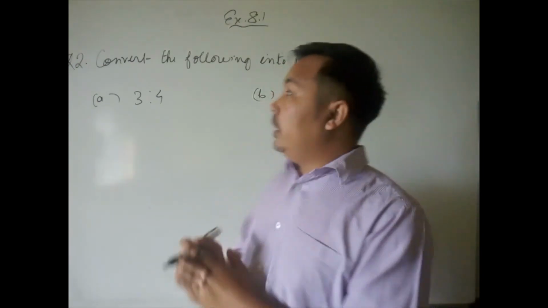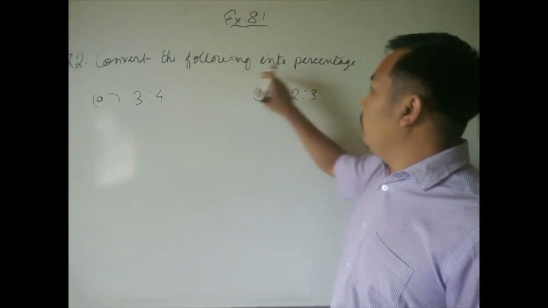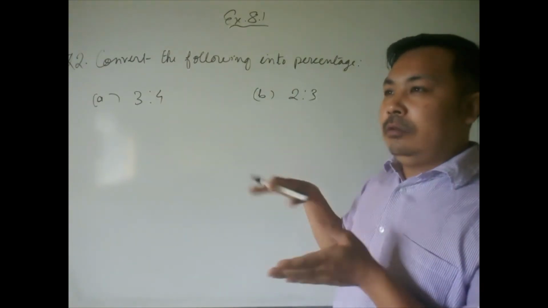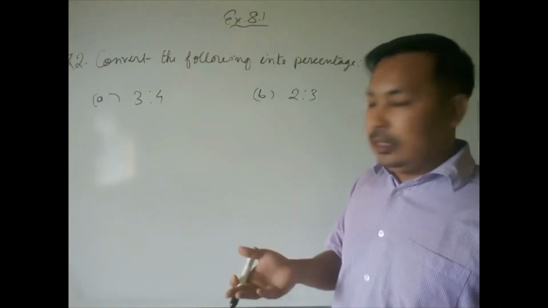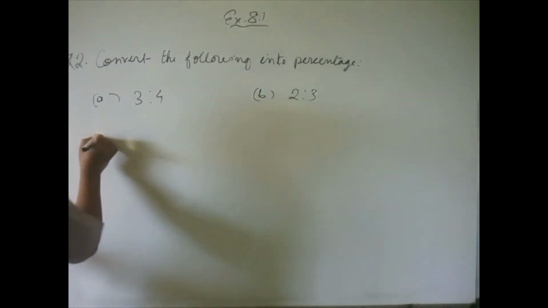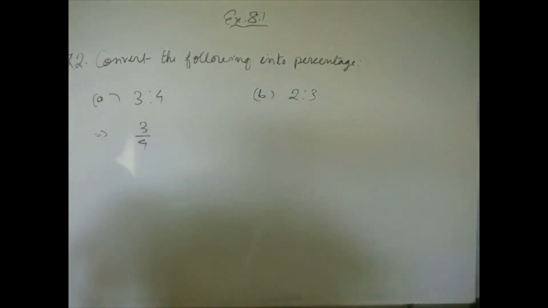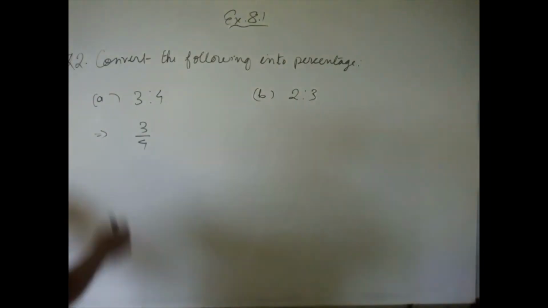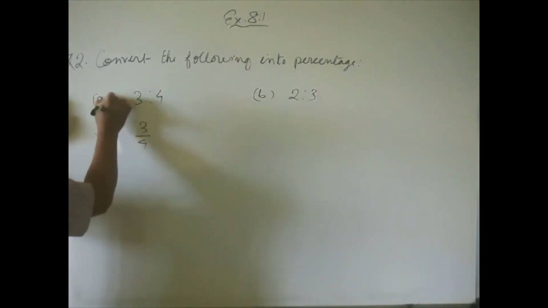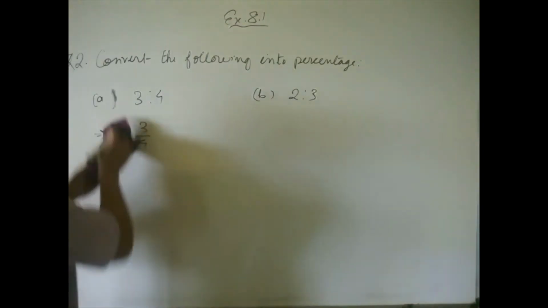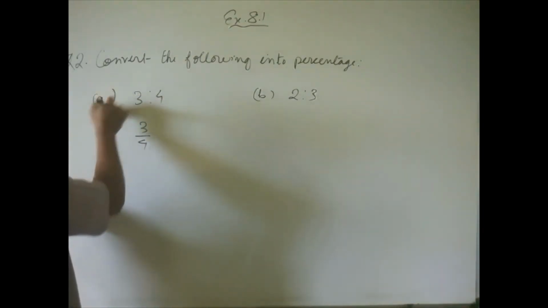Question number 2 says convert the following into percentage. Now the given is in ratio, so we are going to convert into the form of percentage. We know this already, isn't it? Yes. Now number A, you see here is 3 by 4. This is converting the ratio into percentage.